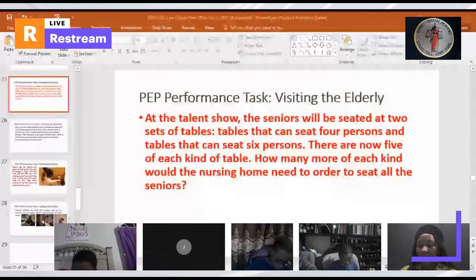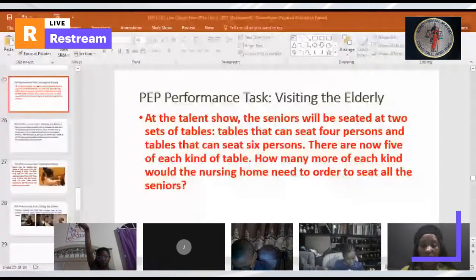So how many more of each kind of table will the nursing home need so all the seniors can have a seat? How many seniors were there? There are 74 seniors. How many more tables do we need?